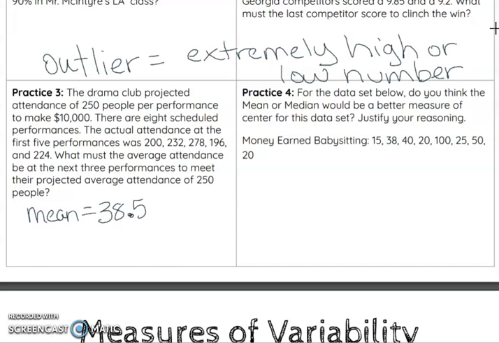Well, if you look at your data set, I do have an outlier here. This 100 is very large compared to the other data points. So let's take that number out, and let's see what our average is like without that 100 in it. So again, I would add up those data points, divide it by 7 now because I only have 7 data points.